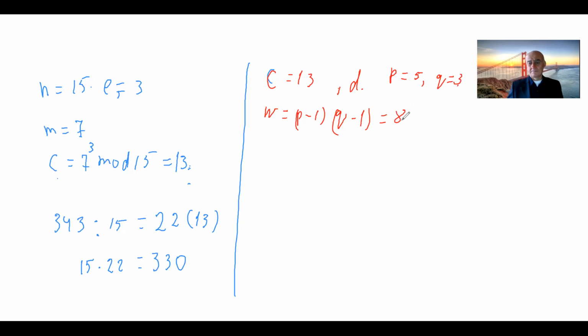It's 8. Okay. Now, how can Alice find number D?